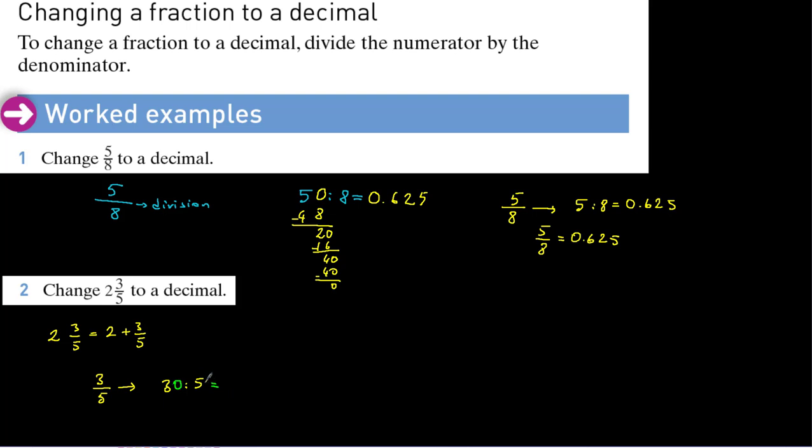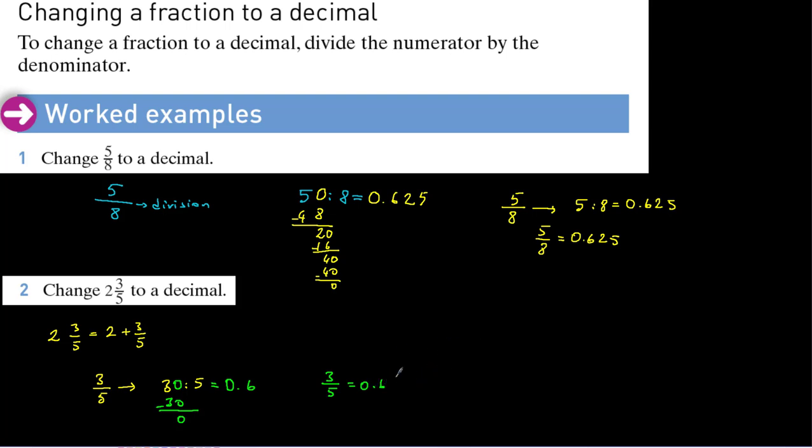I'm going to add 0, then the result comes up like this. 30, in 30 we have 6 times, but I have to add the decimal point here, sorry. 6 times 5 is equal to 30, and we finish the operation, which means 3 over 5 is equal to 0.6.